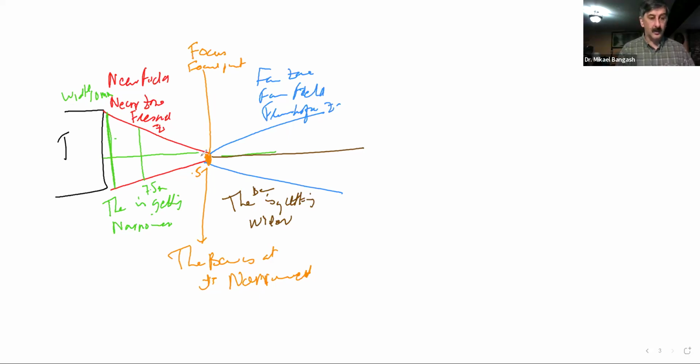What happens to the beam in the far zone is that the beam is going to get wider and wider. So here maybe it's 10.5 millimeters, and at this point it may get back to 10 millimeters, which again would still be the width of the beam.